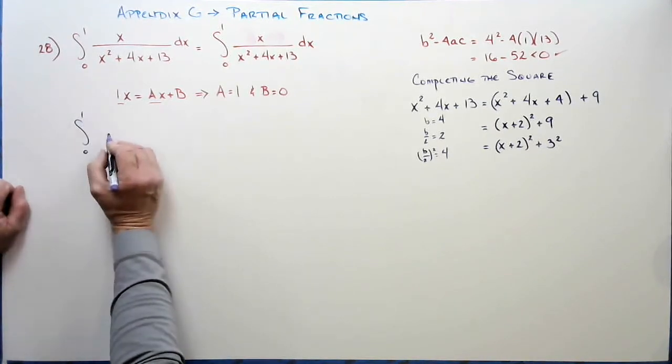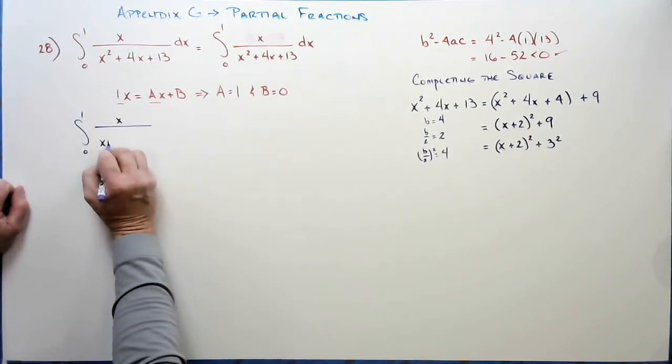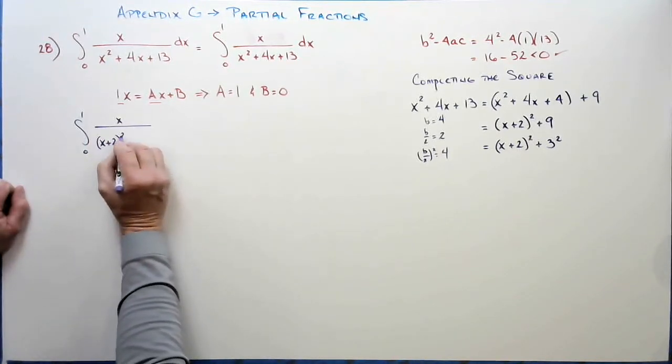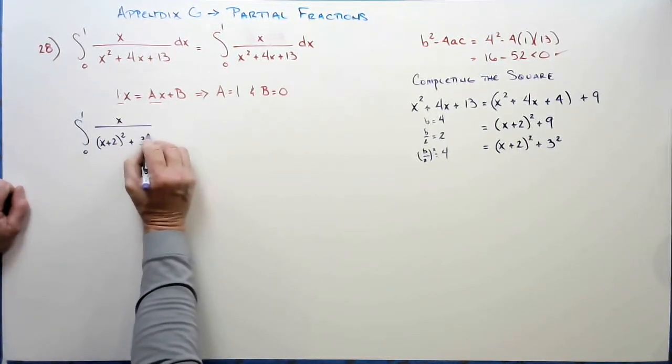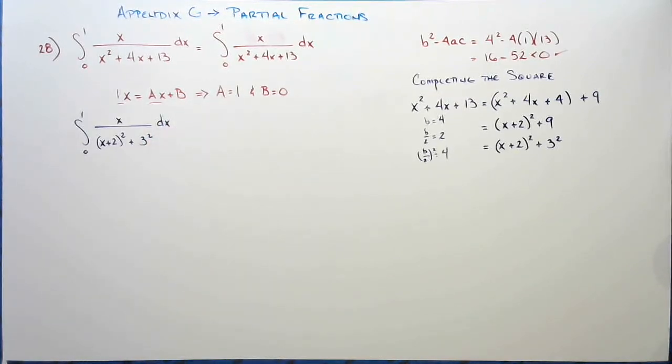Integral from 0 to 1, x divided by x plus 2 squared plus 3 squared dx. And we're going to think to ourselves, maybe this is an inverse tangent problem, right? The trouble with that is we're not allowed to have a numerator of x if this is just a straight antiderivative for inverse tangent.